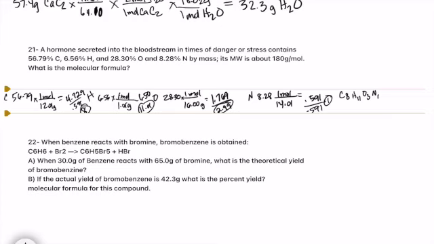But I need to find the molecular formula. So I need to determine the empirical mass, since I am given the molecular weight or the molecular mass. So I'm going to add up 8 carbons plus 11 hydrogens plus 3 oxygens and 1 nitrogen.